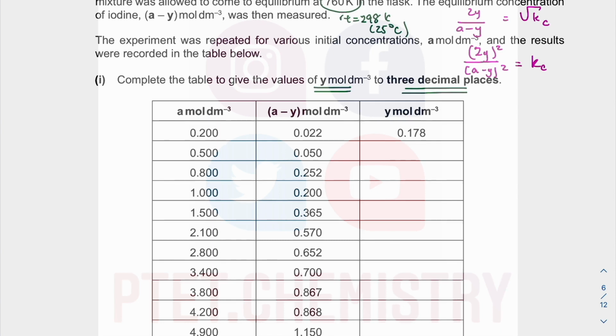If this is column A, column B, then column C is equal to A minus B, because you can try 0.200 minus 0.022, you're going to get 0.178, and you can also see A minus (A minus y) is equal to A minus A plus y, which is y. So to get y, you do this minus this. I'll do the rest of them. Make sure you know it's 3 decimal places. Maybe it's wise to just remind myself there.